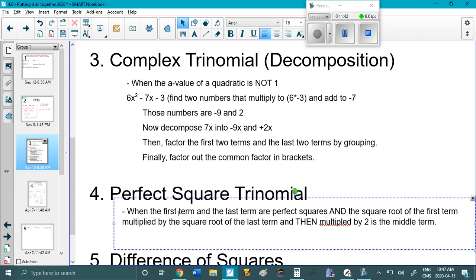So, for example, we could have 100x squared.